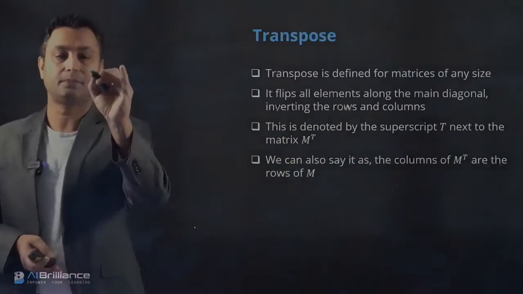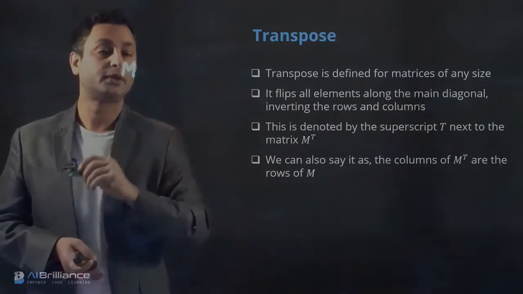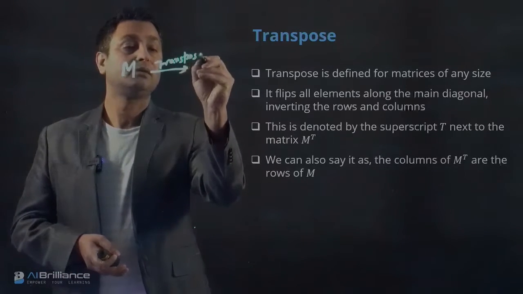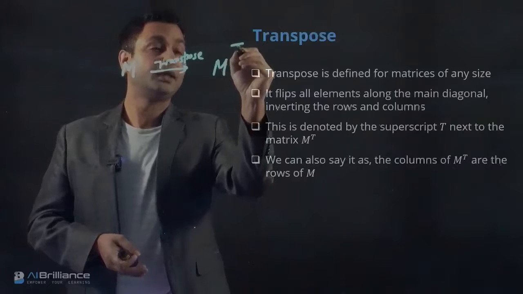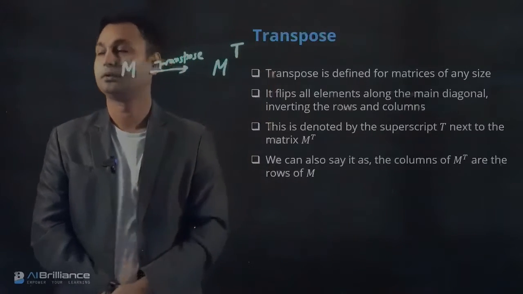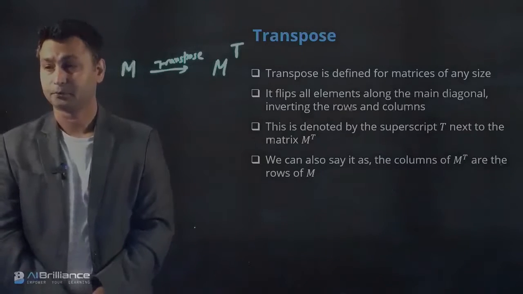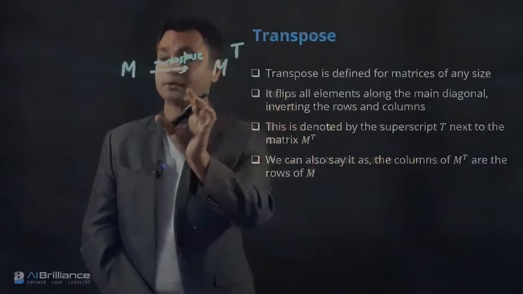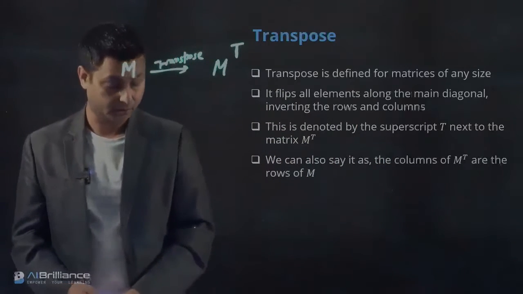So if I have a matrix, let's say M, and I take its transpose, it is denoted by M superscript T. The columns of M transpose are essentially the rows of M. That is what this operation means.